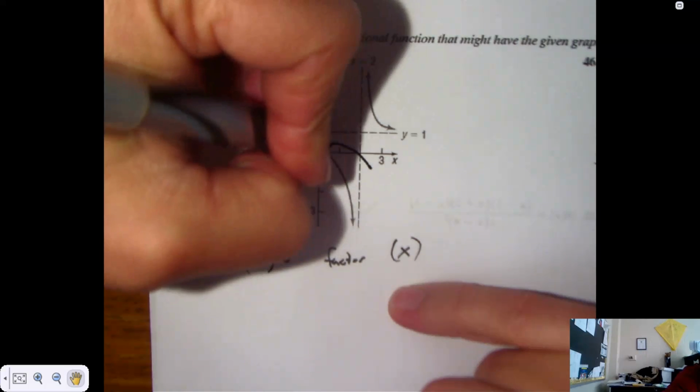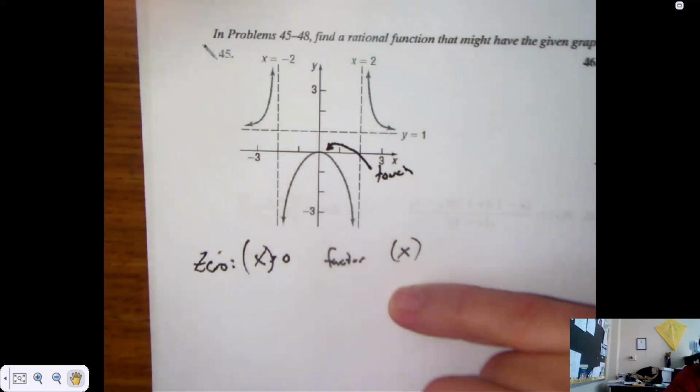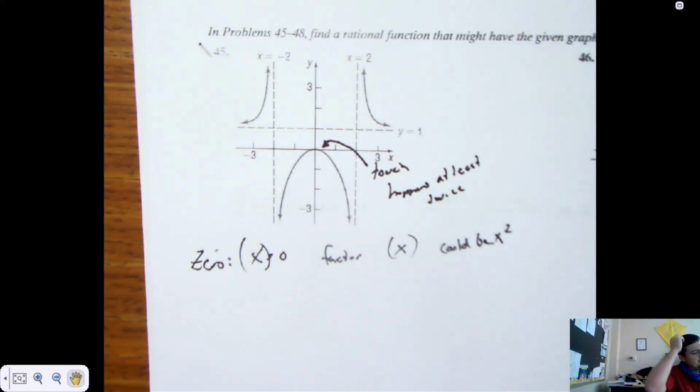I kind of alluded to this yesterday, but that is a touch. How many times does a touch happen? Remember from Algebra 2? That's a touch. Happens at least twice. So it could be x squared. Rational expressions are kind of funny looking, but it could very well be x squared as well.